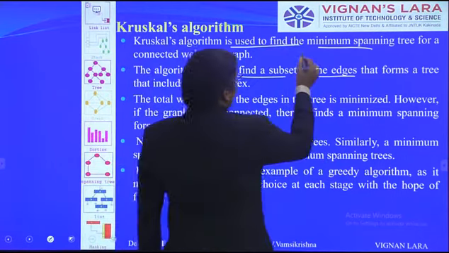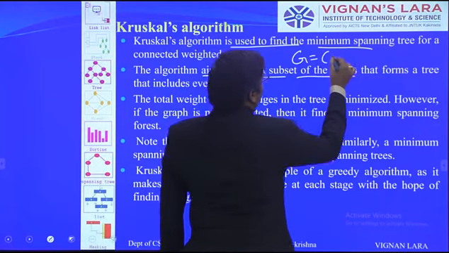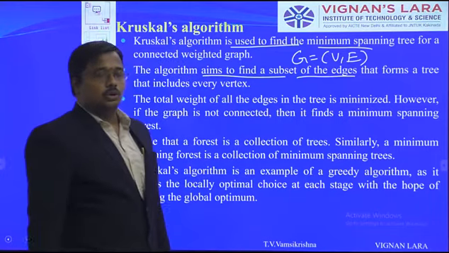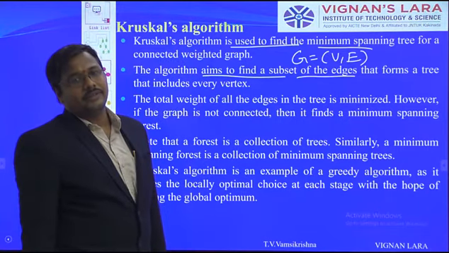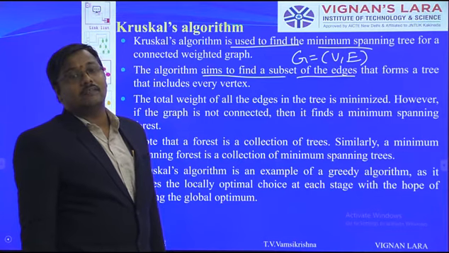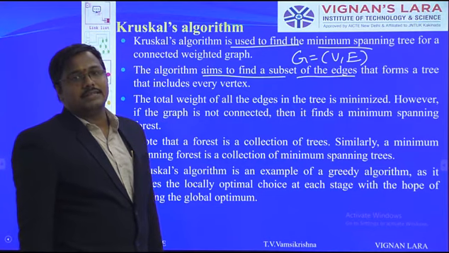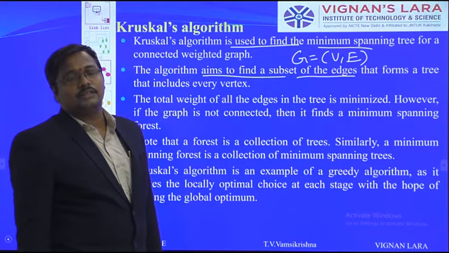We know that a graph can be represented mathematically as G equals V comma E, where V is the set of vertices and E is the set of edges. For example, say 5 vertices and 10 edges are there. To connect the 5 vertices, 4 edges are enough.